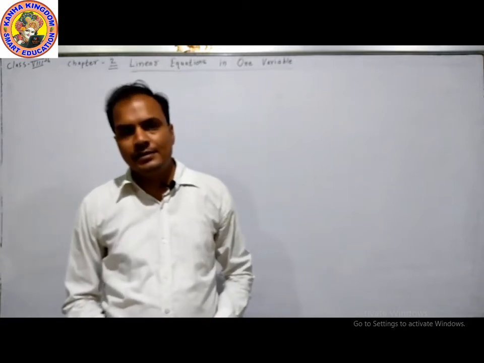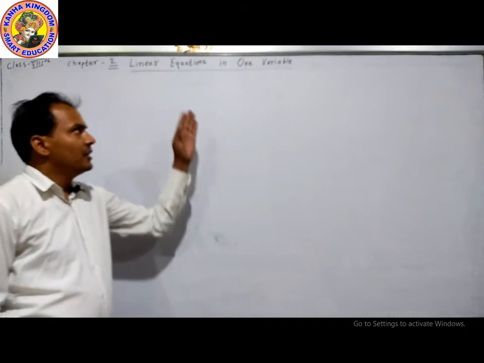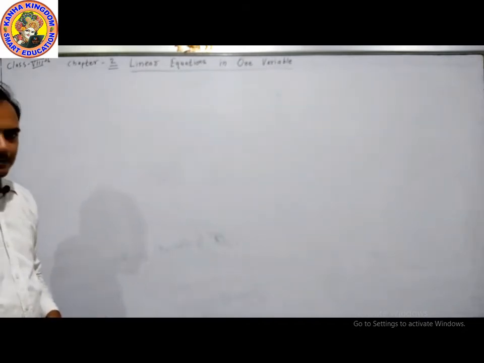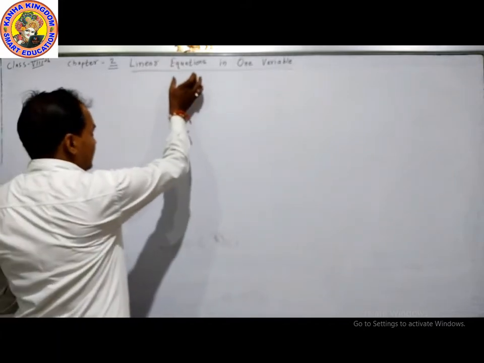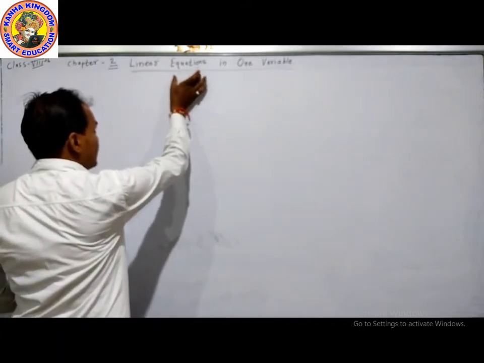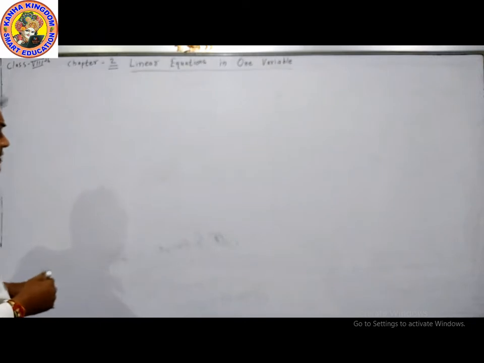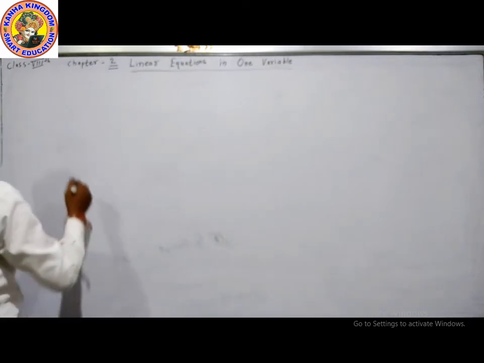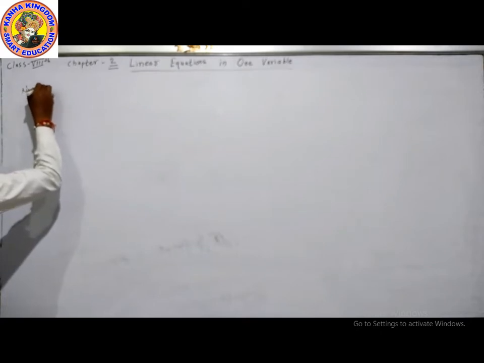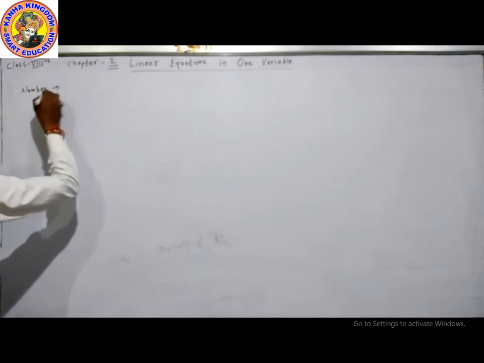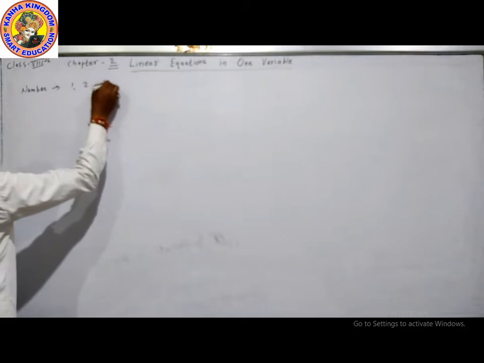Our today's topic is linear equation in one variable. First of all, we see the word equation. What is an equation? We saw in previous classes the numbers 1, 2, 3, and so on.